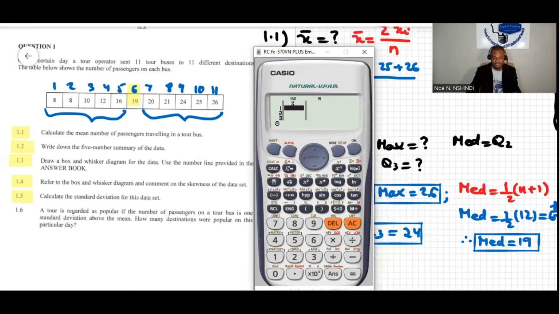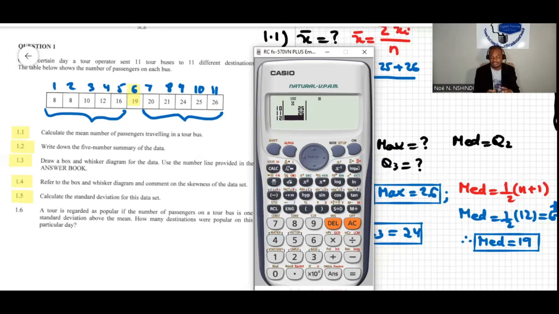Then another 8, equal, then 10, equal, 12 equal, 16 equal, 19 equal, 20 equal, 21 equal, 24 equal, 25 equal, and 26 equal.